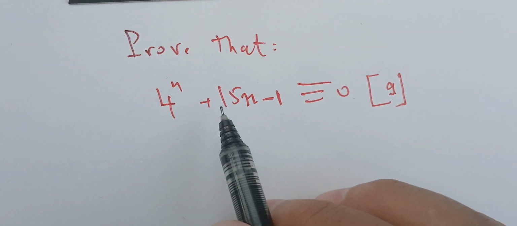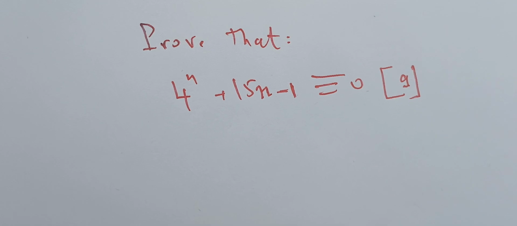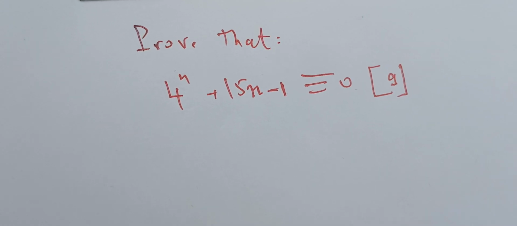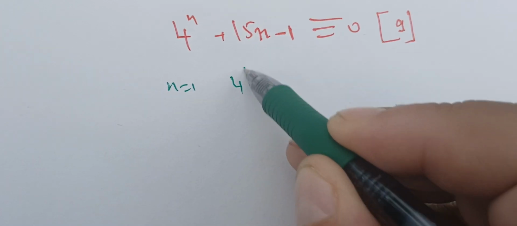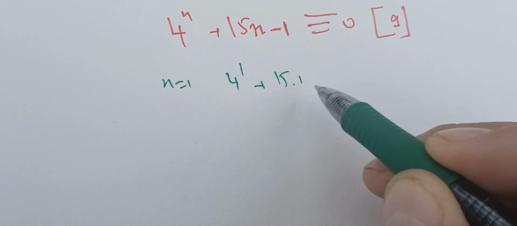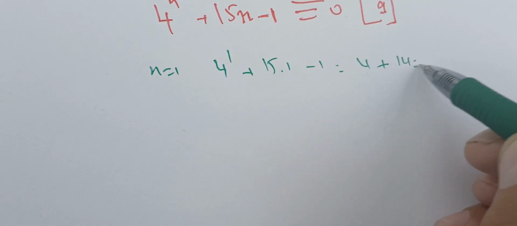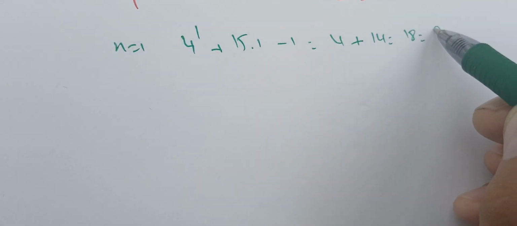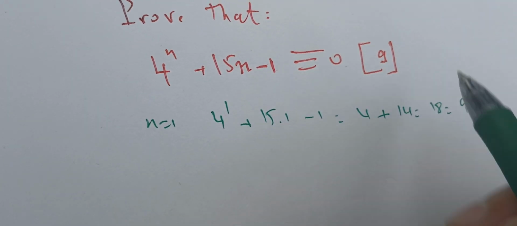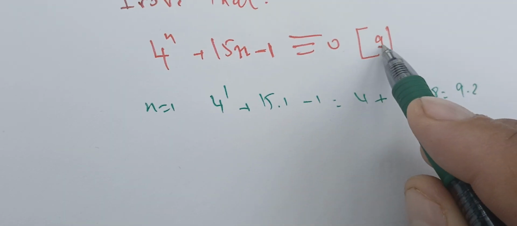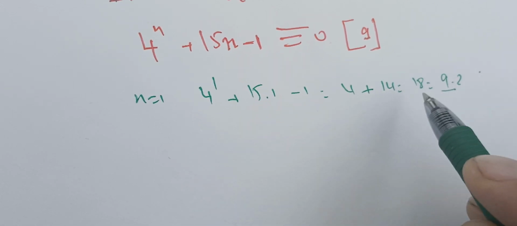But first, we see if this is true for some small values of n. When n is 1, we have 4 to the power 1 plus 15 times 1 minus 1, that's 4 plus 14, that's 18, that's 9 times 2. That means 9 divides this number, yes, because it does divide 18.